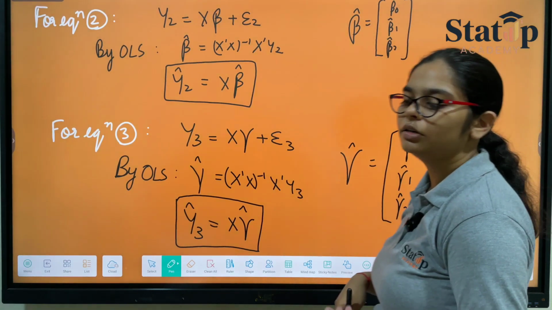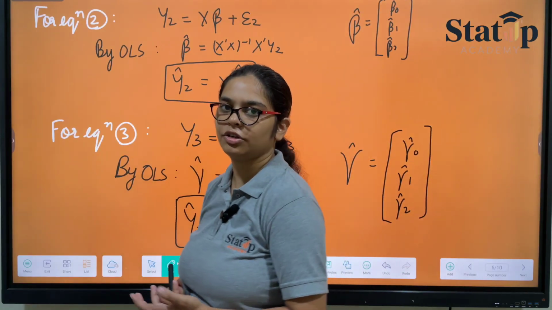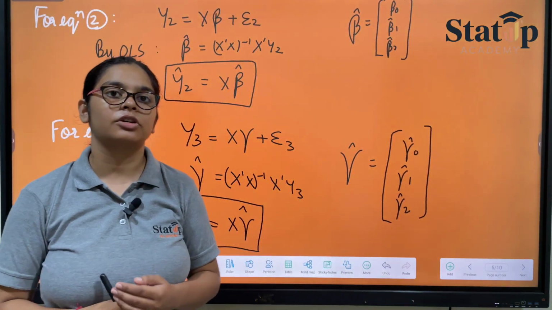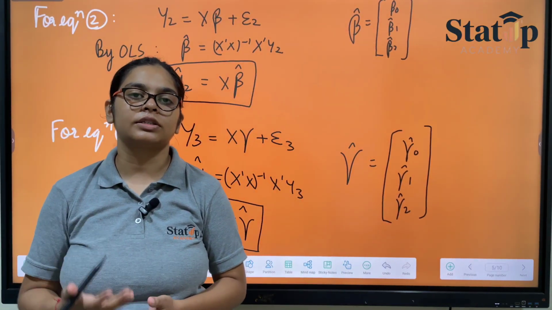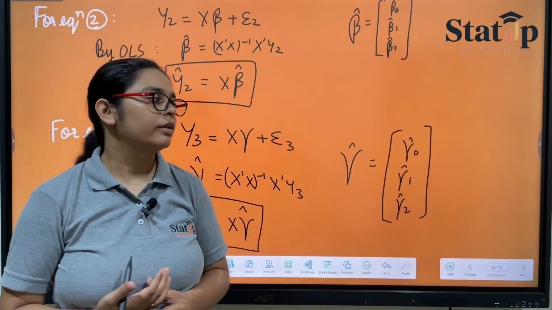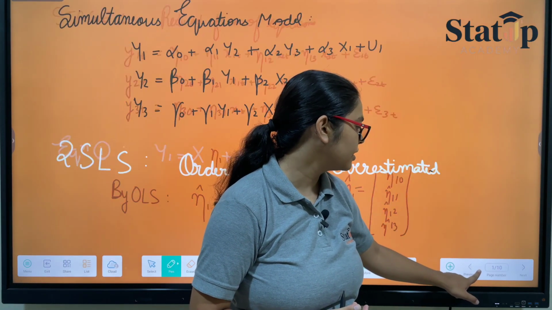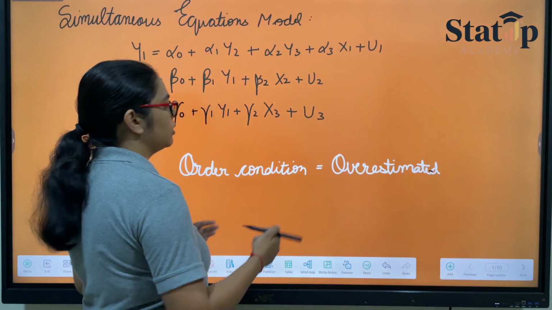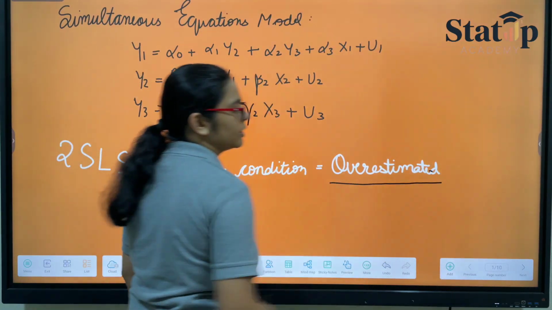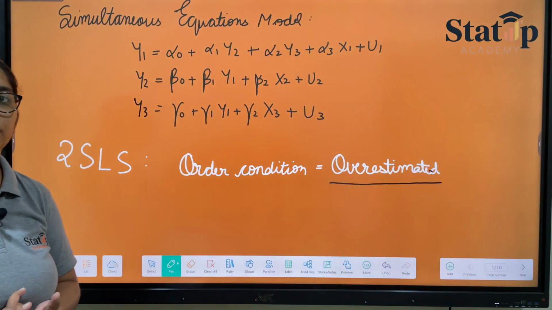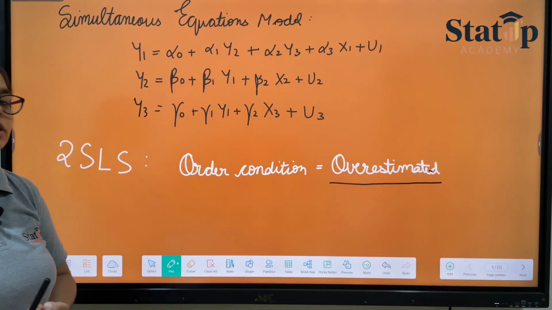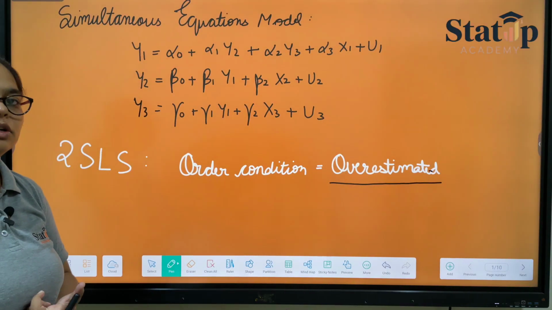And this completes our two-stage least square estimation method, in which the only condition that we need is that the order condition should be overidentified for at least one equation of the model. If it is for all, then it is also good, or for one, then it is also good.